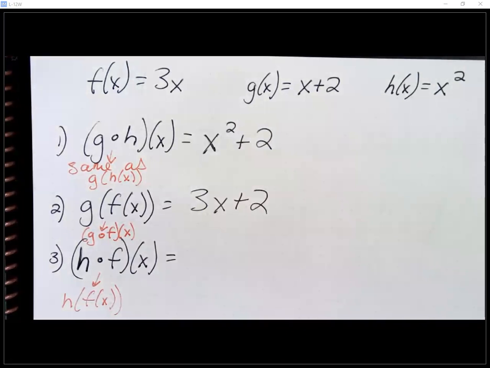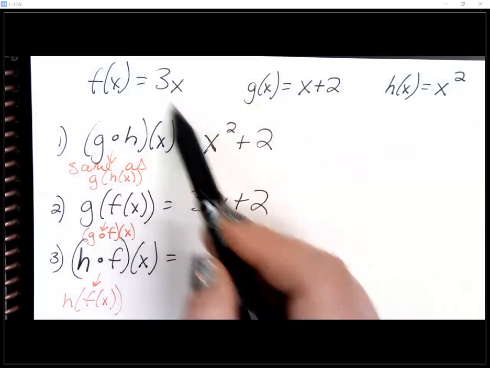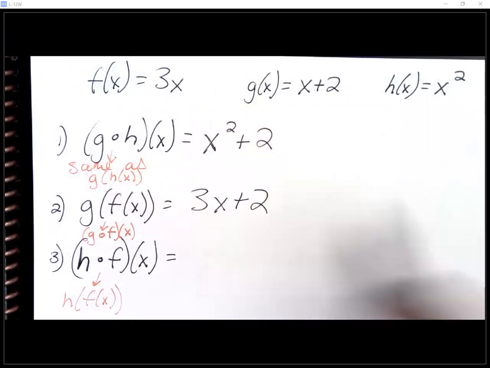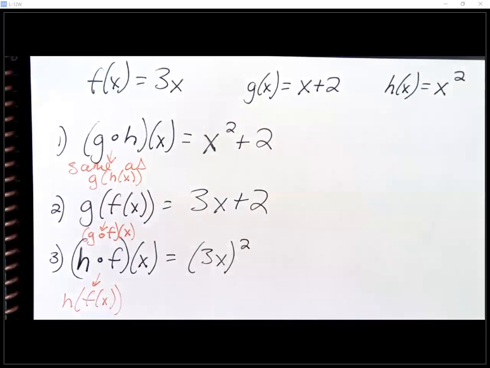And then the last one, remember what this means. Either way, the notation tells me take the f function and put it into the h. So I'm going to take the f function, 3x, bring it over, and replace that variable with 3x. So it looks like this. Does that make sense? And now I just have to simplify that.